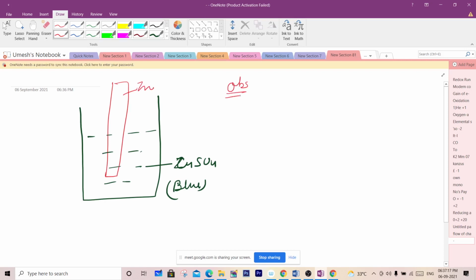There are some observations. Number one, zinc is eaten away. Eaten away means it is getting dissolved like this. And second, the blue color fades away.